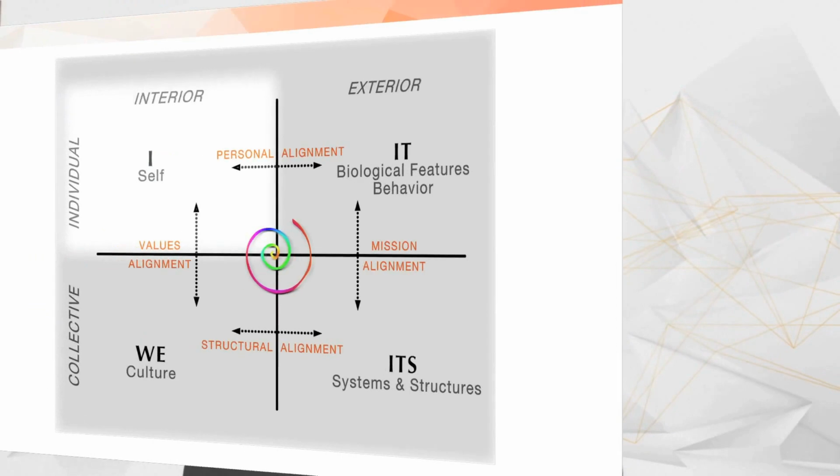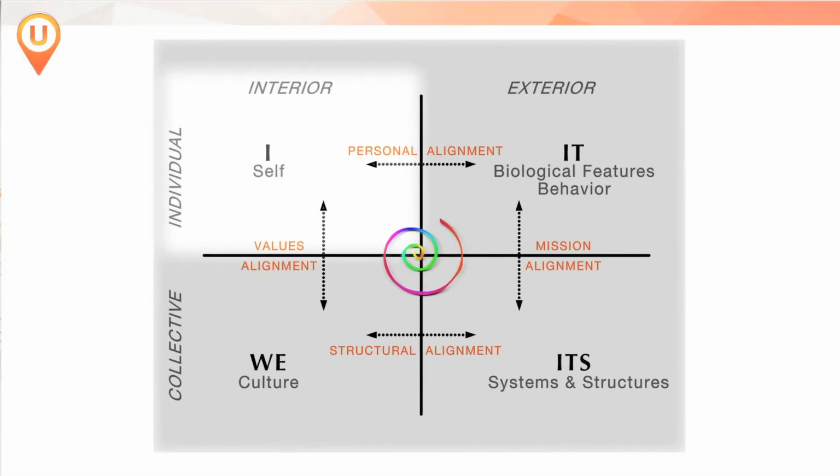It's saying that we all have our filters, our way of seeing the world, our values, things which you can't get to by just looking at somebody, but you actually have to talk to them to find out more about what's going on inside of them. That is a very important part of reality that we don't often pay enough attention to. So that's the upper left quadrant there, the interior of the individual.